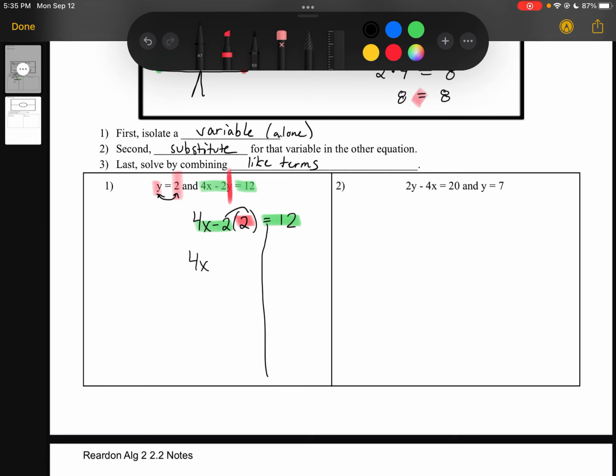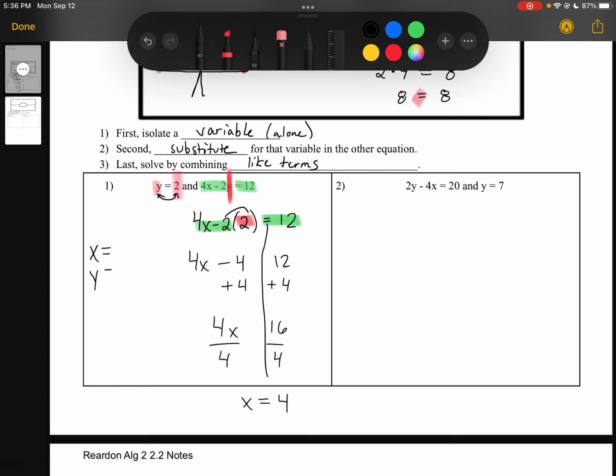So we keep 4x, minus 2 times 2 is minus 4, and then 12 remains there. We can add 4 to both sides. So we're left with 4x equals 16, divide both sides by 4, and we'll get an answer of x equals 4.